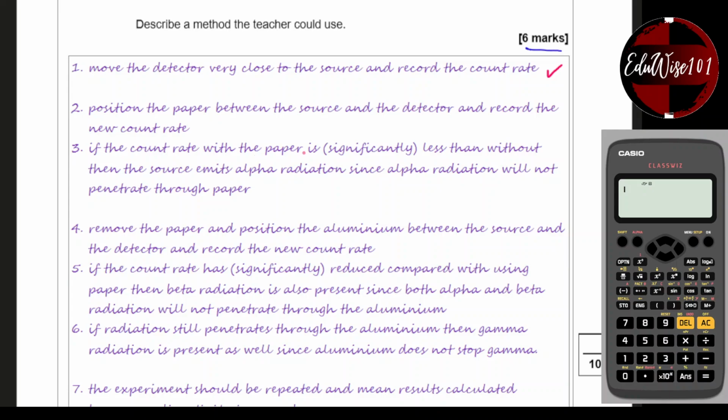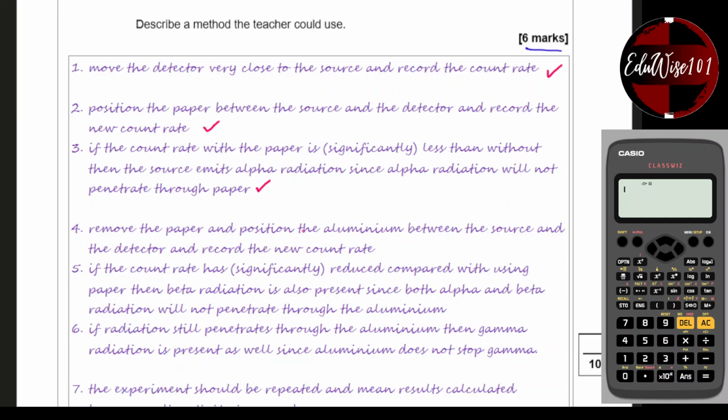If the count rate with the paper is significantly less than without the paper, then the source emits alpha radiation, since alpha radiation will not penetrate through paper. That should give you 2 more marks.